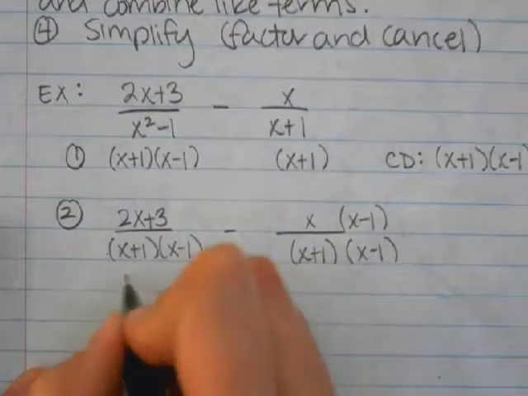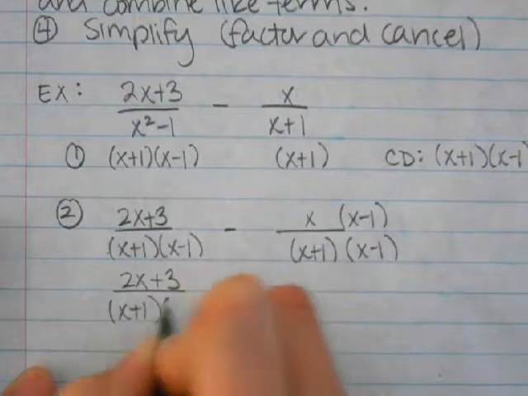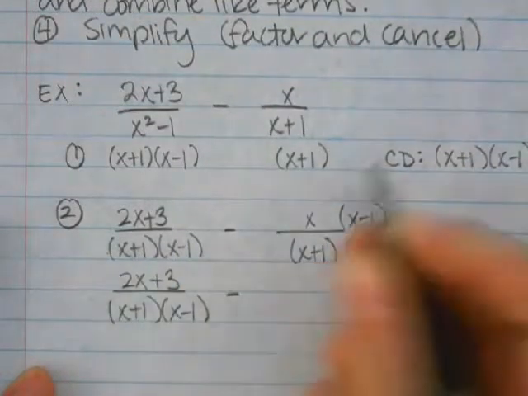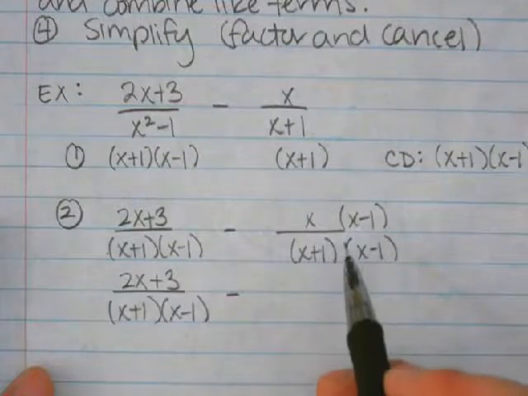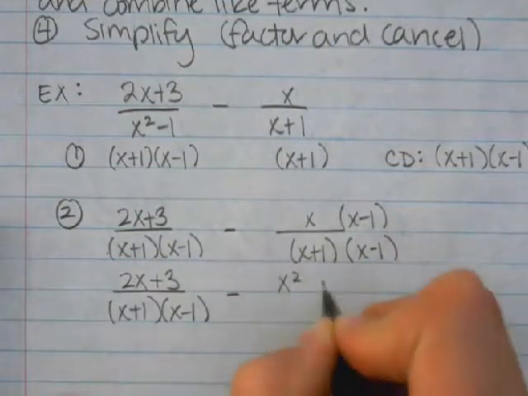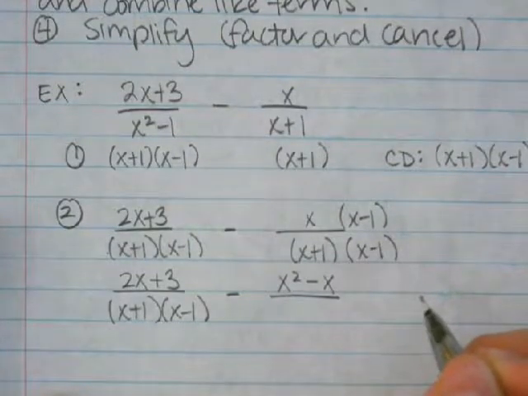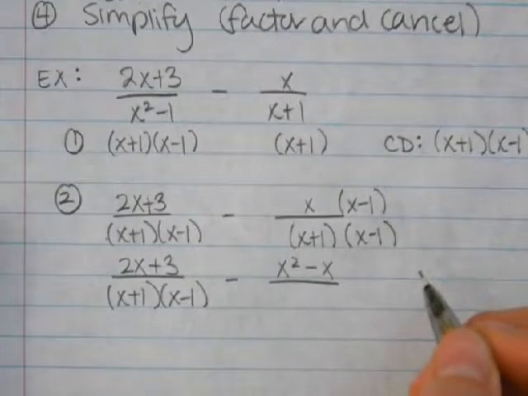So the first fraction, again, stays the same, and I am leaving the bottom in factored form. And what do I get for the second fraction on the top? x squared minus 1x, or minus x, that's the same thing, right? So whichever way you write it is fine.